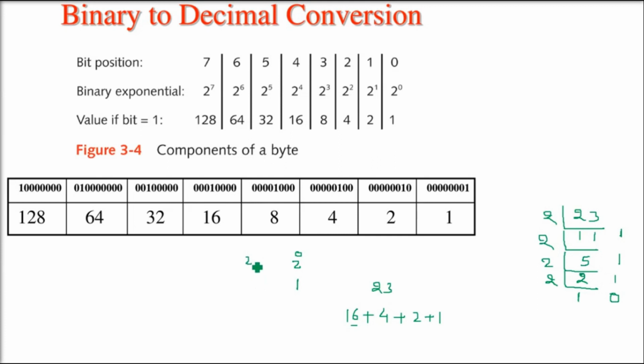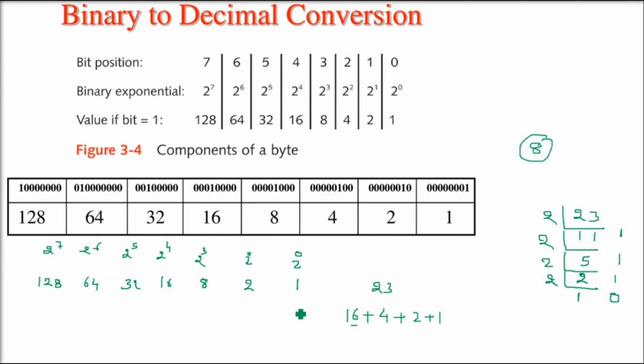If you make 2 to the power 1, it will be 2. 2 to the power 2 is 4. 2 to the power 4 is 16. 2 to the power 5 is 32. 2 to the power 6 is 64. 2 raised to 7 is 128. Now you will ask me the question, why only 7? Why only 8? We are talking about an 8-bit number here.